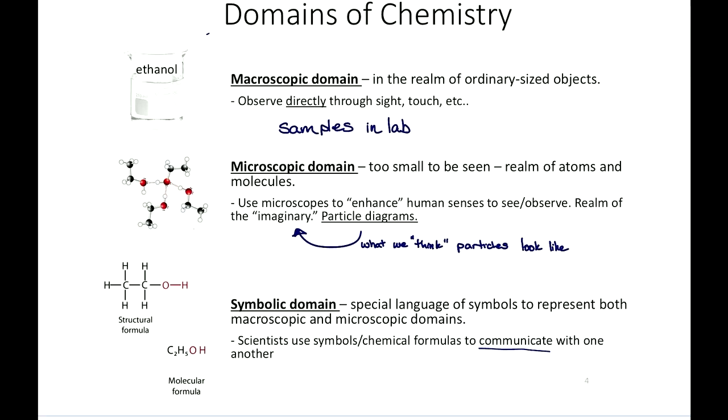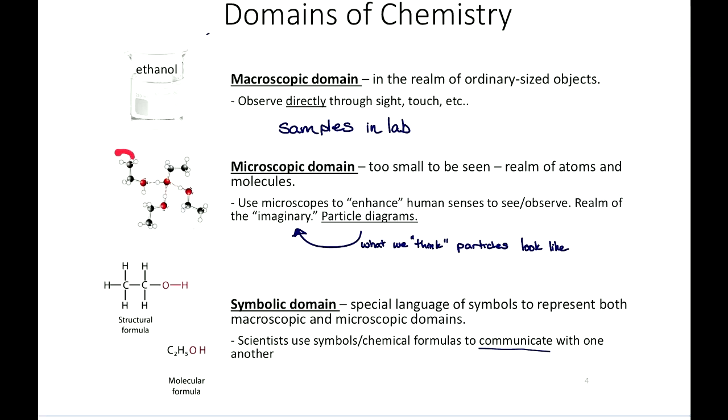So those are the properties that we can observe, but we're relating these things, like the observations of samples that we see in lab, to a microscopic domain, a domain that we actually can't see. We actually have to imagine what ethanol molecules look like on this particle level. And that's what's difficult for students.